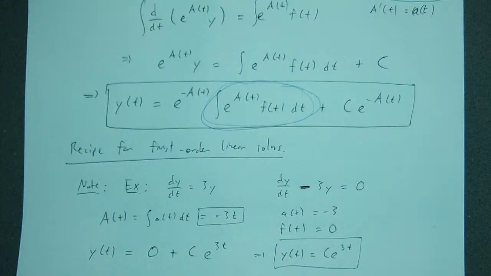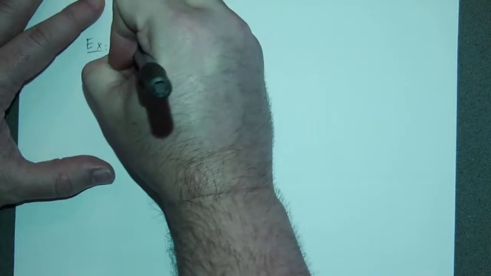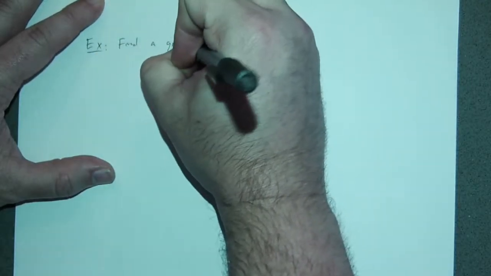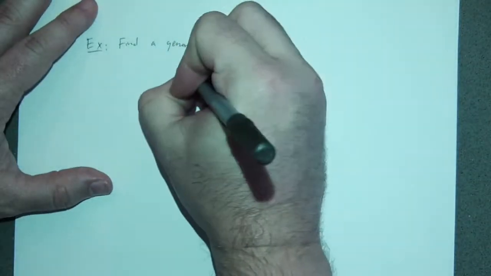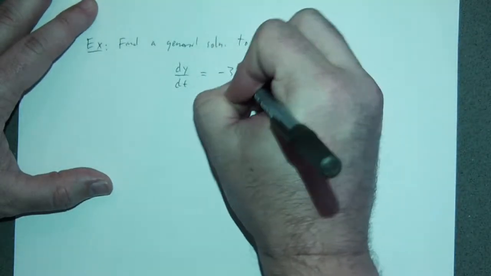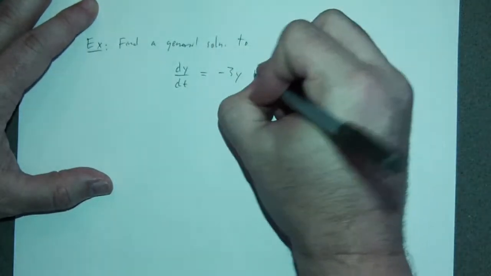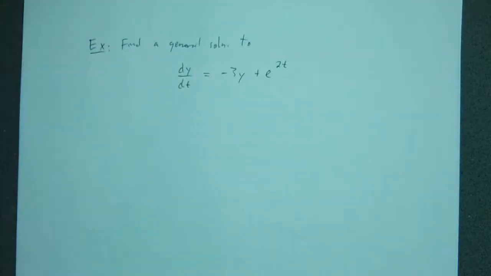All right, so let's do this for something a little bit more involved. Find a general solution to the equation dy dt is equal to minus 3y plus e to the 2t. So I'm going to use this recipe. First of all, it's definitely linear.